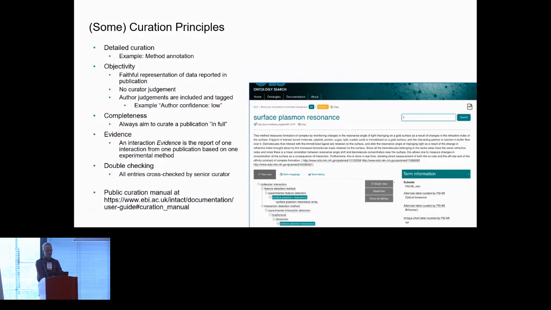We want to represent the paper content and then carefully annotate methods to then allow these judgment calls to be done on the aggregated data. We always want to have the underlying evidence. We always do double checking between junior and senior curator.